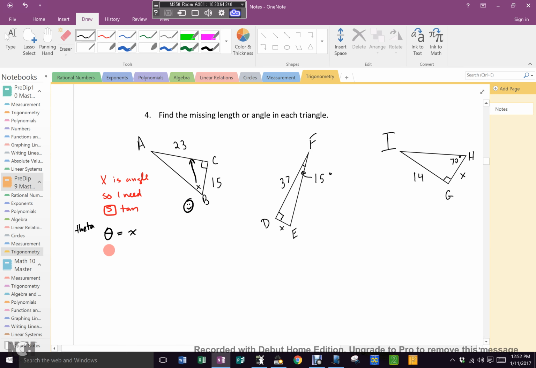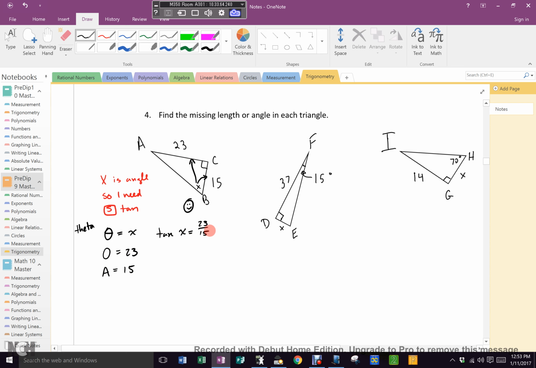Opposite, isn't it? So you have an opposite that's 23, correct? And what's this 15? Adjacent, which is 15. Now what do you know? You know that the tan of any angle, which is x, must equal opposite 23 over 15.